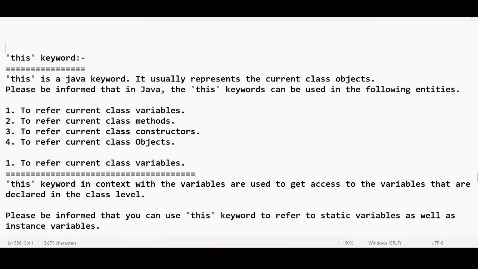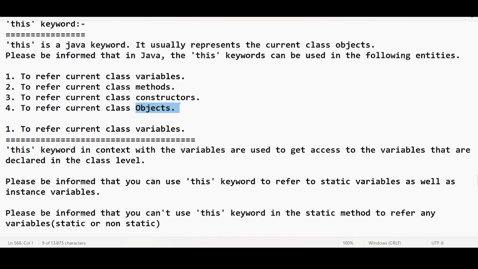Yesterday, let us do a small recap about yesterday's session. We were discussing the this keyword. You can use the this keyword to refer to the class variables, methods, constructors, and objects.